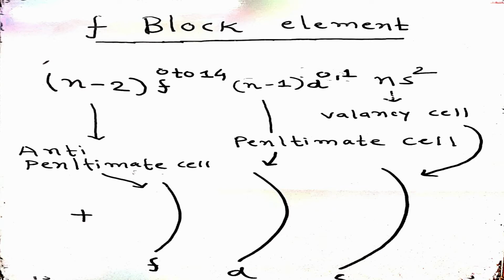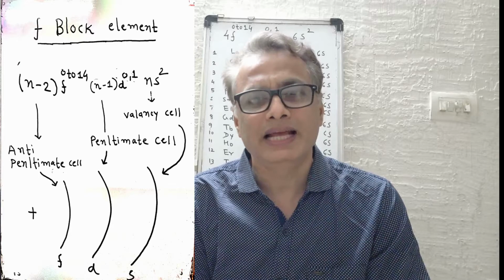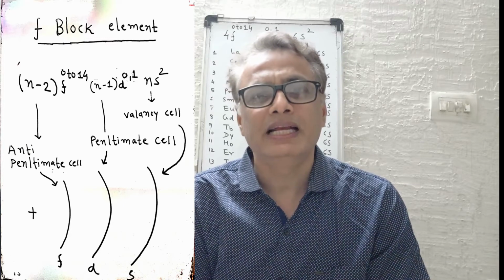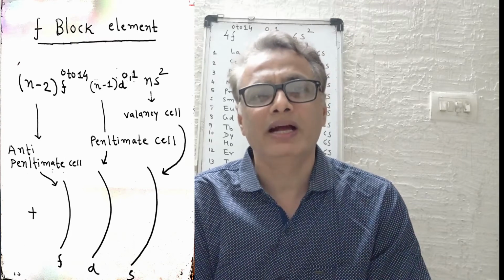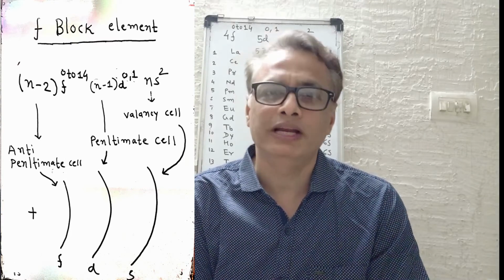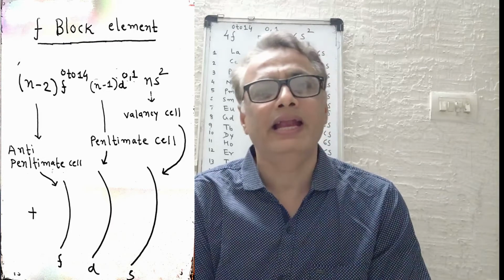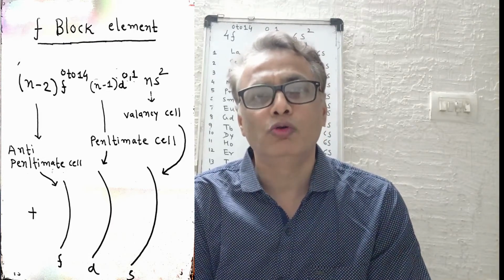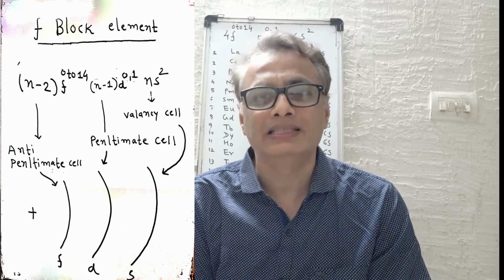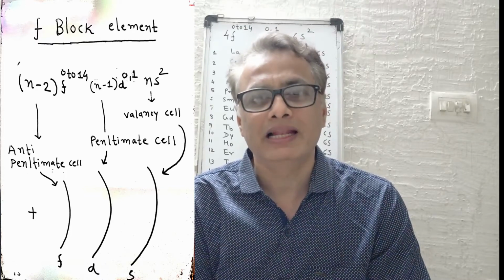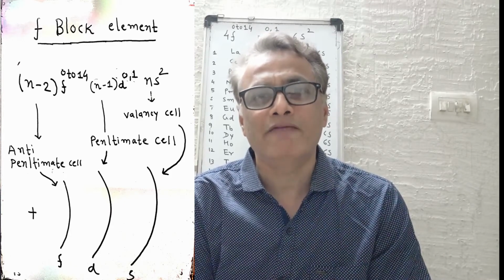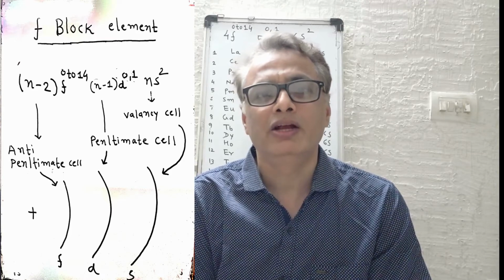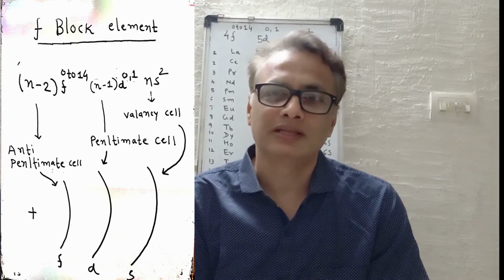Before the valence shell, the d orbital is there, which is known as the penultimate shell, which may contain 0 or 1 electron. And (n-2)f 0 to 14 is known as the anti-penultimate shell, which is the f orbital, which may contain 1 to 14 electrons.